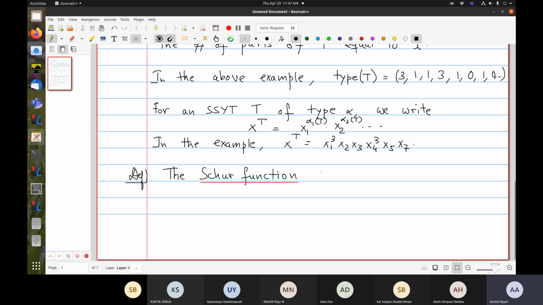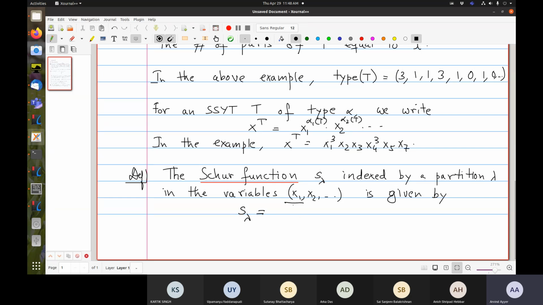So the standard notation for this is S lambda indexed by partition lambda, in the variables x1, x2, etc., is the formal power series given by S lambda equals the sum over all T where shape of T is lambda of x to the T.